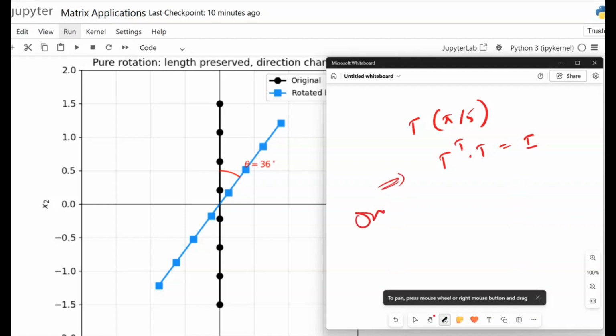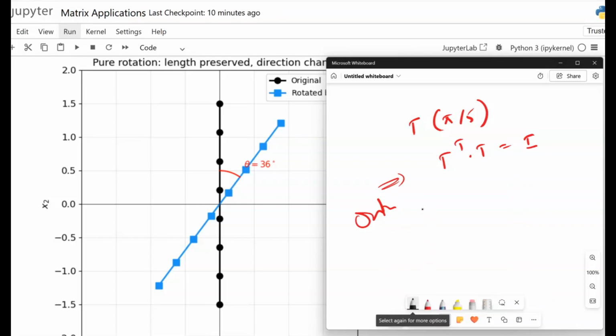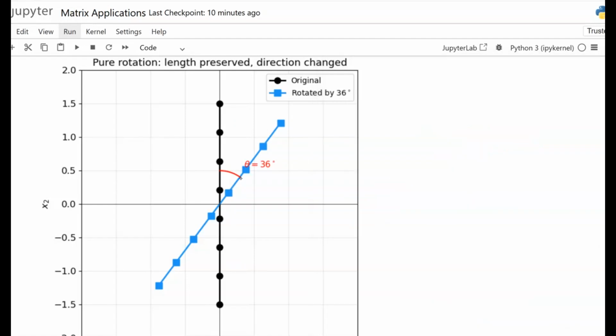This is the orthogonality. The determinant of T is equal to 1, which specifies a rotation, not a reflection. Kindly observe that the vertical line of points is rotated 36 degrees clockwise without any stretching. Every point maintains its distance from the origin.